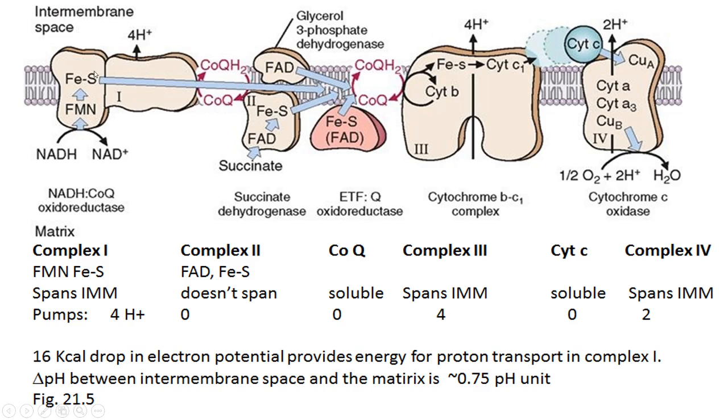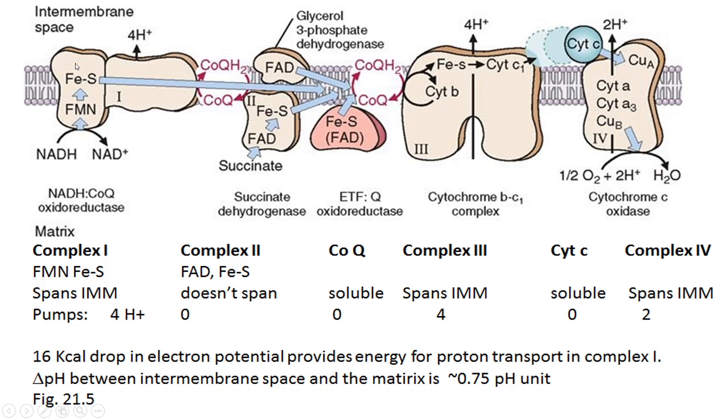There is a series of FeS clusters, and what is their function? FeS collects the energy of the electron and helps complex 1 pump protons from the matrix to the intermembrane space, and it pumps 4 protons.